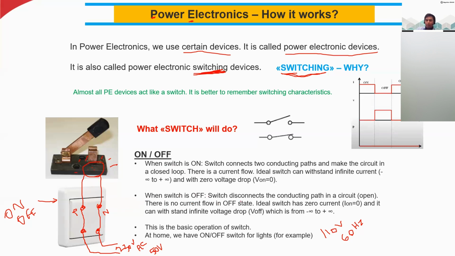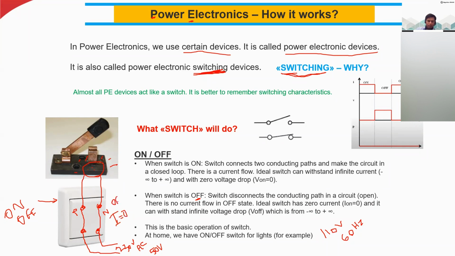When the switch is off, the switch disconnects the conducting path in a circuit. It acts as an open circuit because it's off and there is no current flow. So an ideal switch has zero current and it can withstand infinite voltage drop. It means when the switch is off, there is no current flow. Current is zero, I is equal to 0.